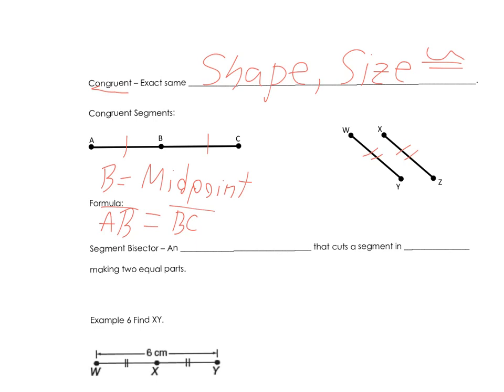And a segment bisector, folks, is an object that cuts the segment in half, making the two parts equal.